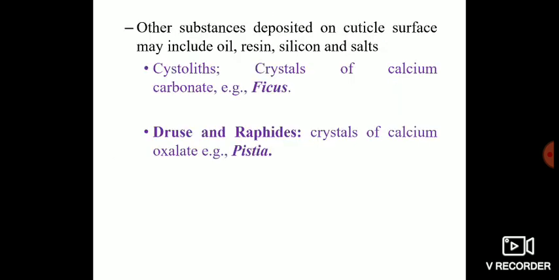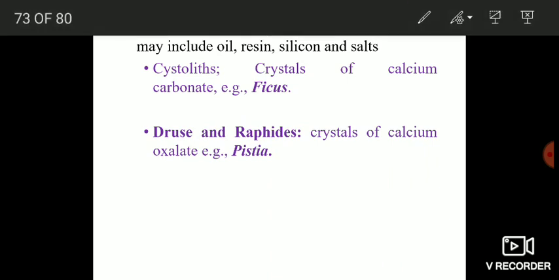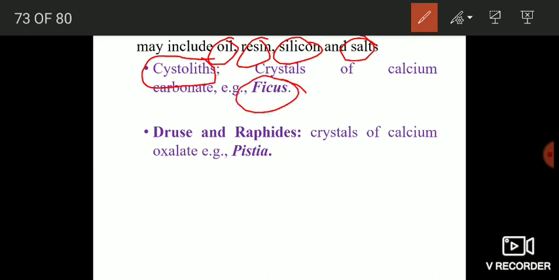Some other substances besides the wax, which are deposited on the cuticle surface include oil, resin, silicone, and some salts. If the salts are made up of calcium carbonate, they are known as cystoliths. Example is ficus. And if the salts are made up of calcium oxalate, they are known as druses and raphides.